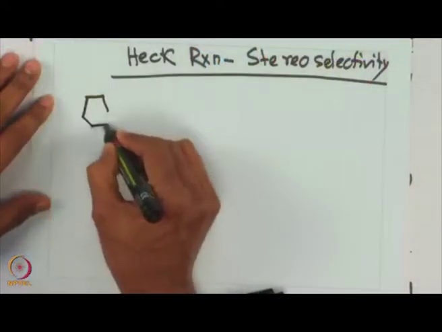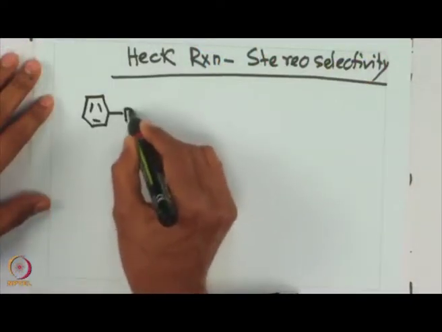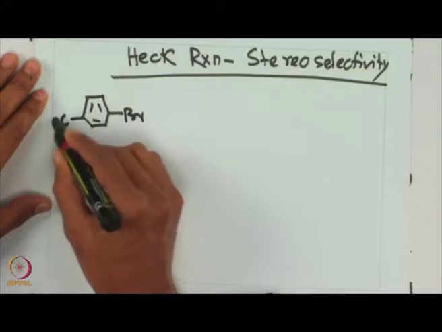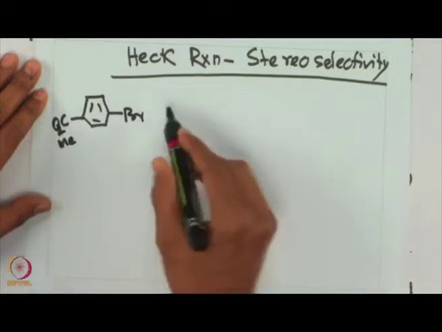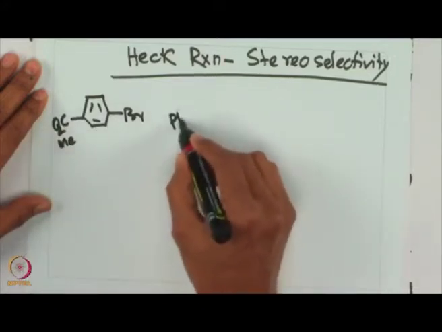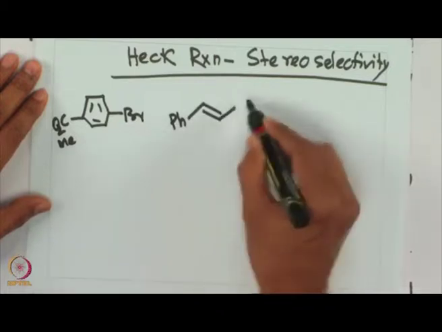Let us look at some real examples to get a feel for the stereoselectivity during the Heck reactions. We will first discuss some aryl halides reacting with olefins. So, we are taking an aryl bromide along with CO2Me, an electron withdrawing or electron deficient one.